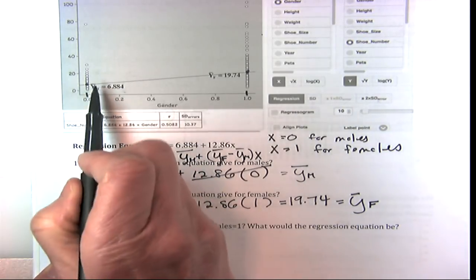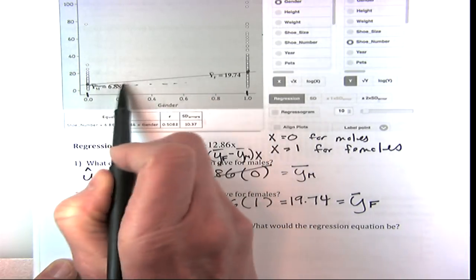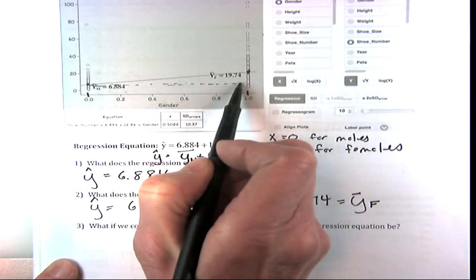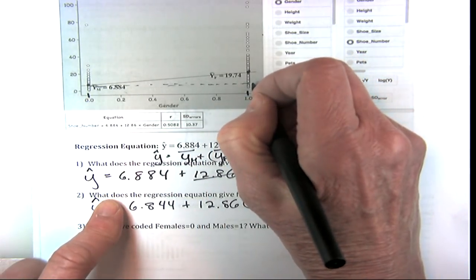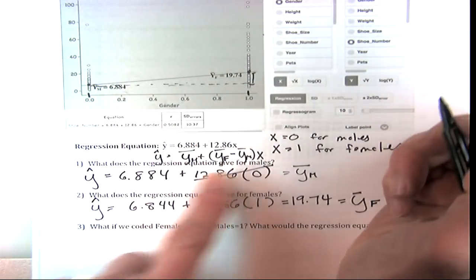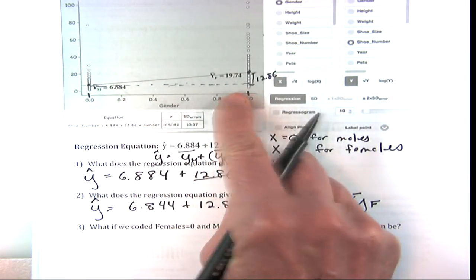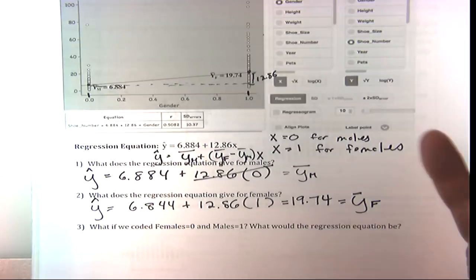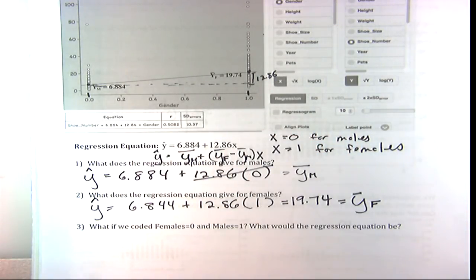When you go over one unit in the x direction, from 0 to 1, this rise here, this distance, is our slope. And that rise from here to here is 12.86. 6.884 plus 12.86 is 19.74. So that's all this is.